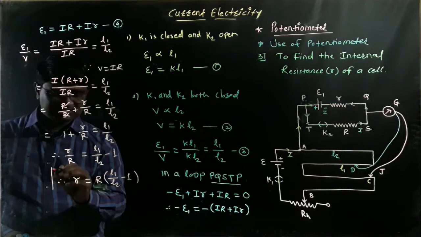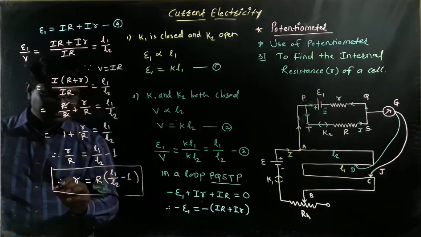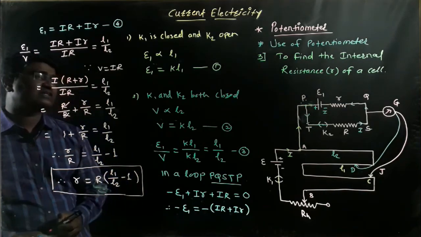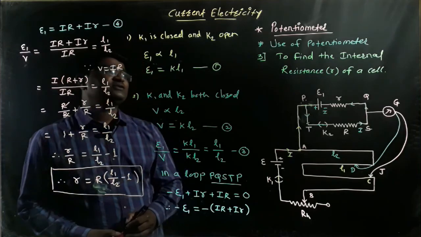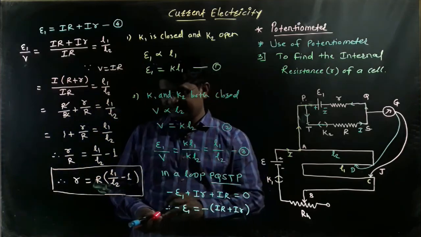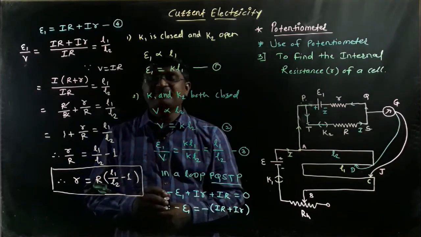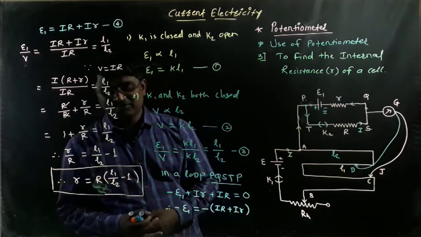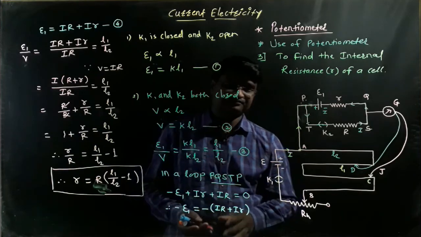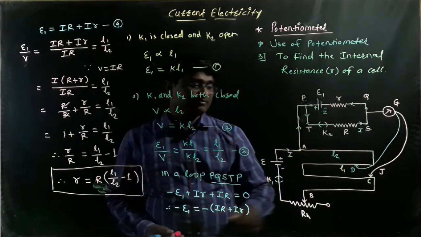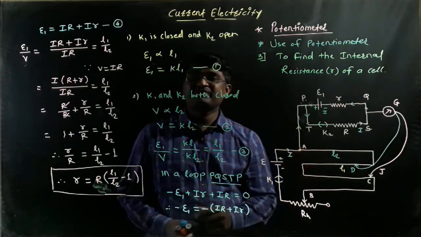So by using this equation, we easily find the internal resistance of the given cell by the use of the potentiometer. It is a very important expression. So small r is equal to capital R into (L1 upon L2 minus 1). L1 upon L2 we measure with the help of a meter scale.